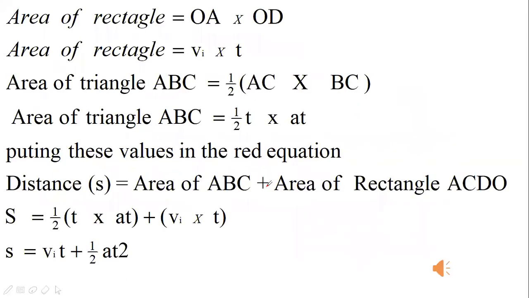The area of the rectangle is equal to OA cross OD. OA is the length and OD is the breadth.